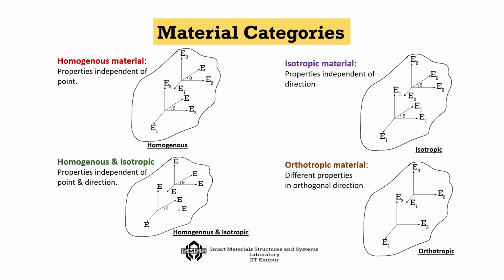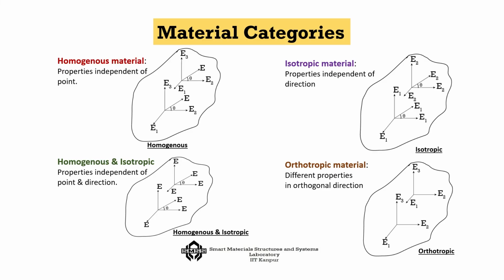Now, I told you that the stress and strain relationship can be thought of in a different way in terms of the mathematical relationship. Most of the times it depends on the nature of the material. If a material is homogeneous, that would of course mean that these properties are not going to vary from point to point.